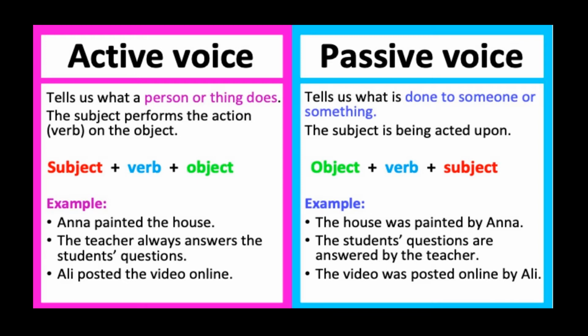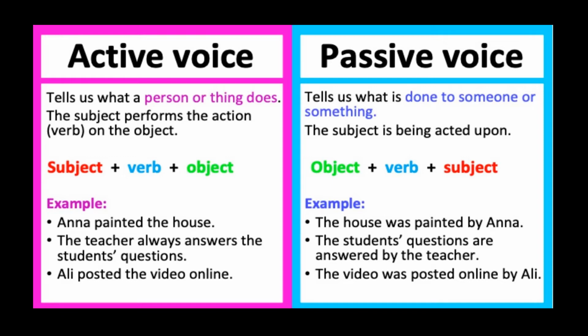Now the students' questions are answered by the teacher. Over here, the subject, the students, is not doing something. In fact, it is receiving the verb, that is the action. It is receiving the questions answered by the teacher. The video was posted online by Ali.